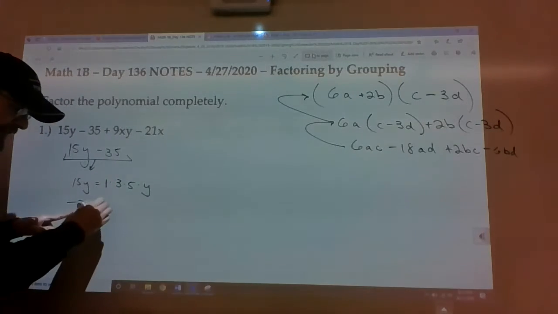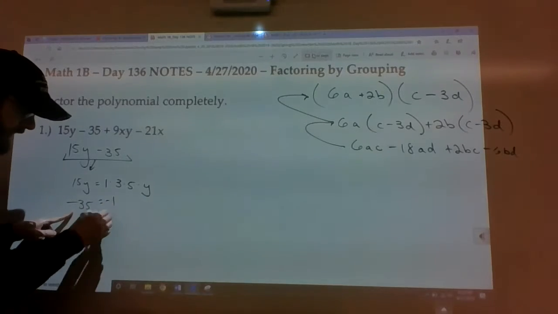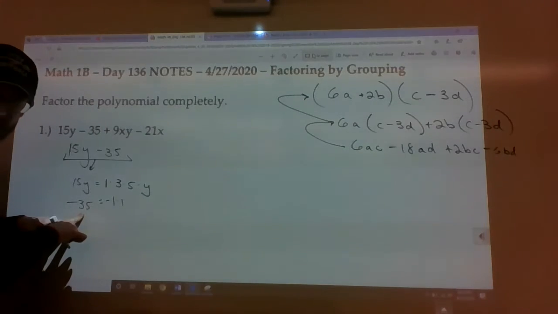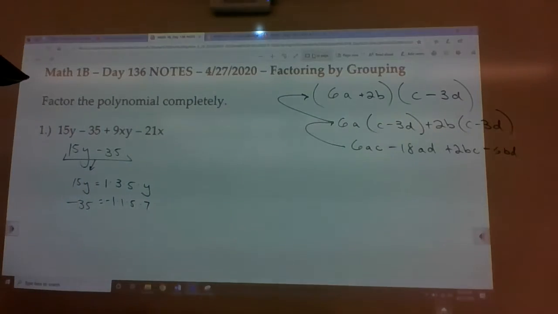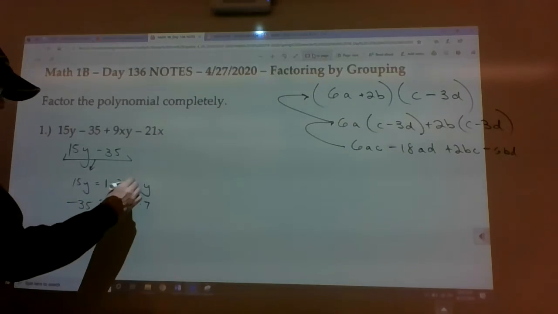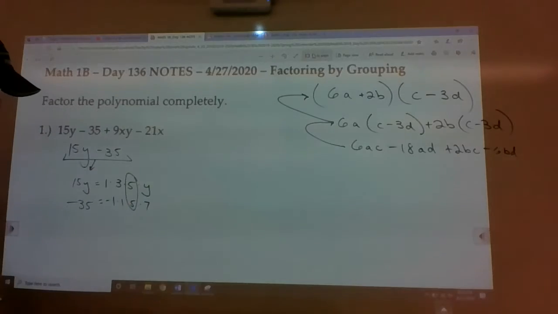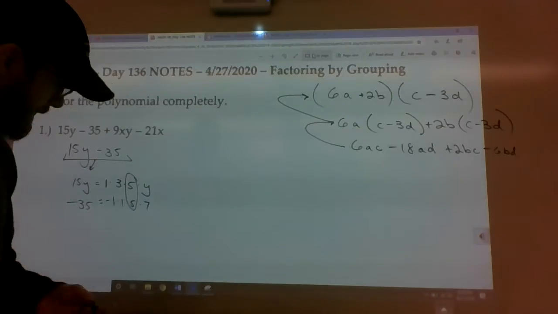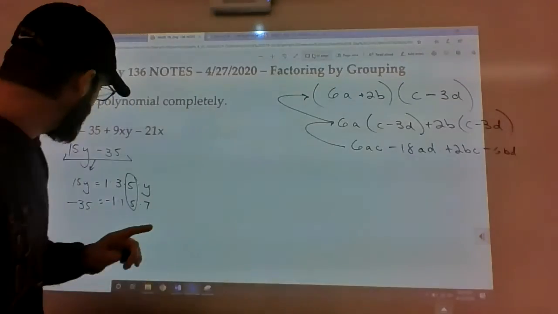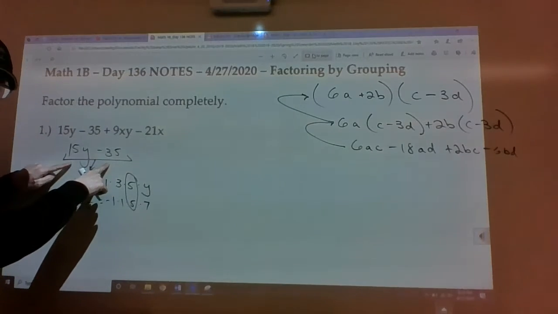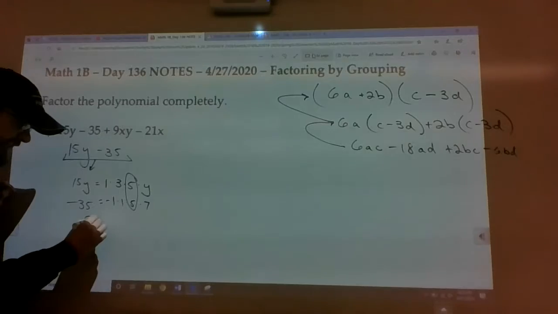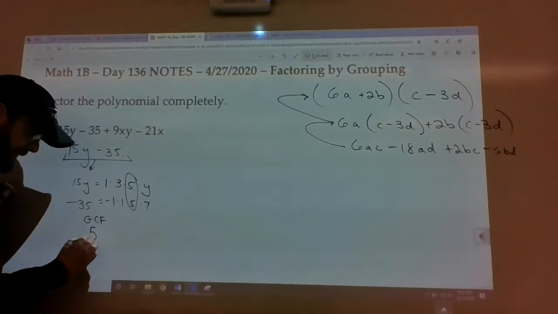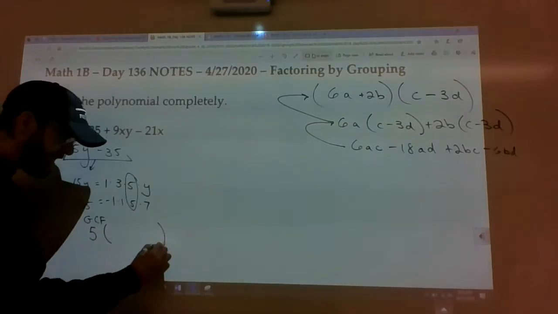Now, negative 35, I'm going to put a negative 1 right away, times 1. 35 is 5 times 7. All right, check out what they share. They seem to share a 5, and that's it. So what we do is we say that 15y minus 35 is now going to be the GCF 5 times the leftovers.